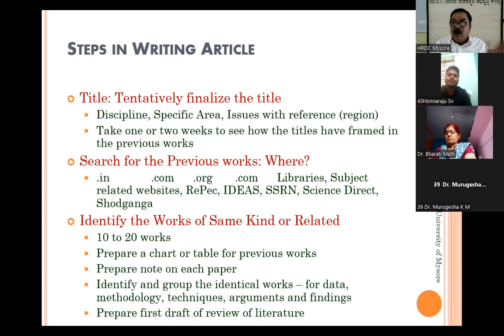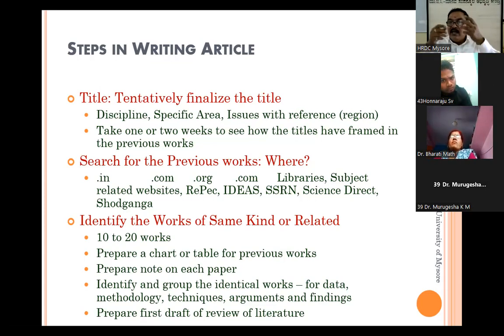Once you are capable of making this kind of note about each of the articles, then certainly that will help you to identify the identical works, what data has been used, what methodology has been used, what techniques are used, what the arguments are, what the major findings are. By doing this, you can prepare a draft review of literature.